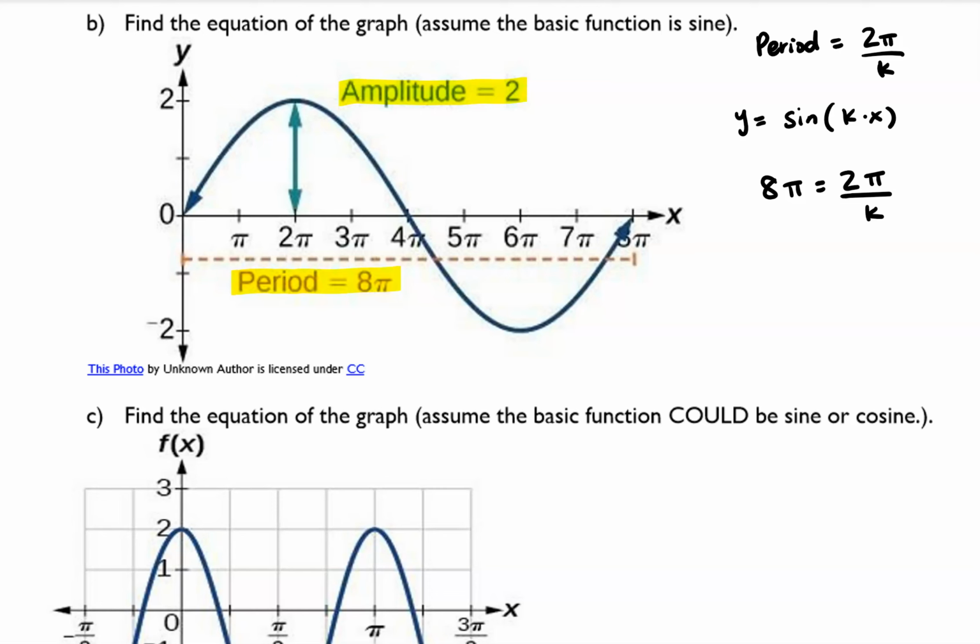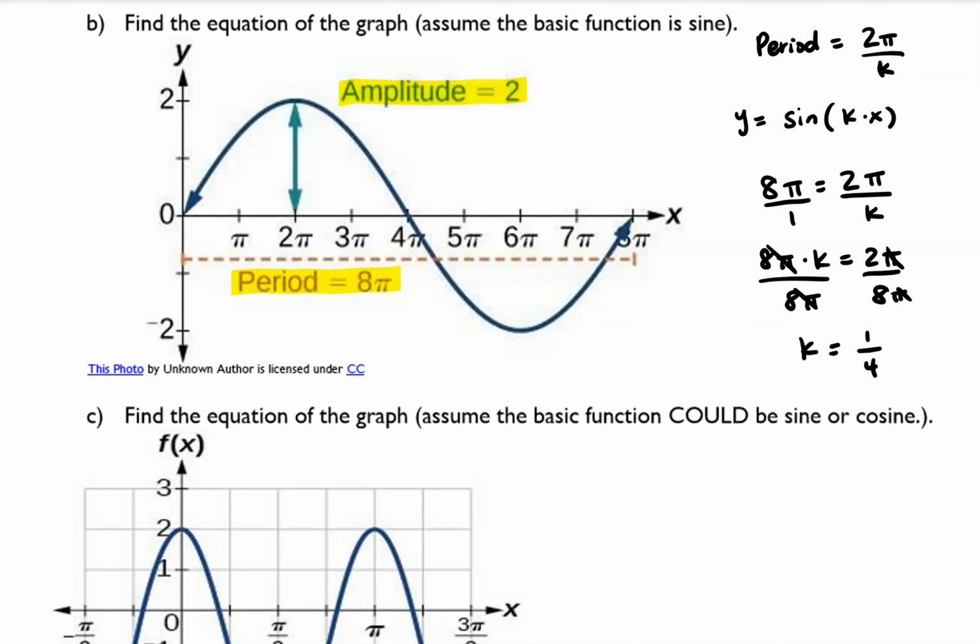So if I cross multiply, let's say this is 8 pi over 1, then I would get 8 pi times k is equal to 2 pi. And then I can divide both sides by 8 pi. And the pi's would divide out, and 2 divided by 8 is equivalent to 1 over 4.